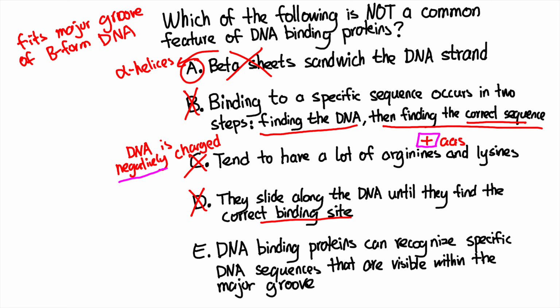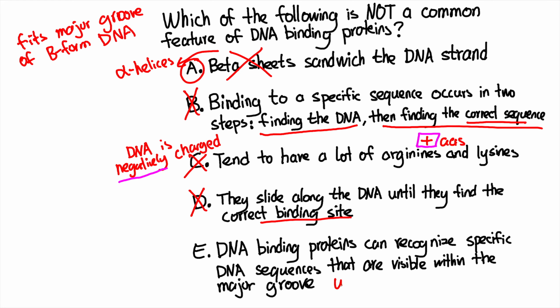And so yes, they do recognize specific DNA sequences that are visible within the major groove, because the major groove has those exposed edges of nitrogenous bases, which create barcodes of hydrogen-bond donors and acceptors. And proteins are able to read those unique hydrogen-bond donors and acceptors from those nitrogenous bases and find their specific sequence without having to unzip the double helix.